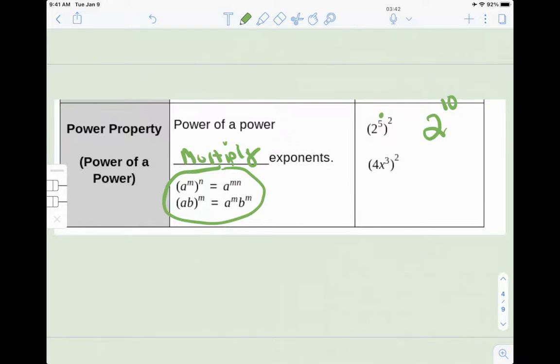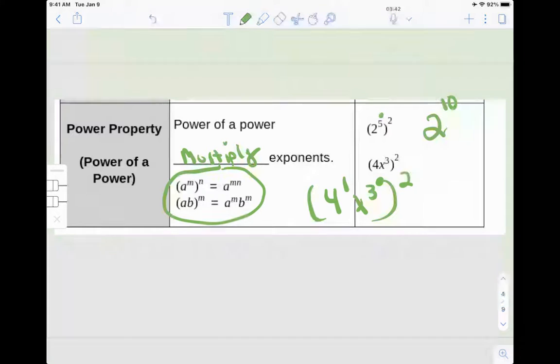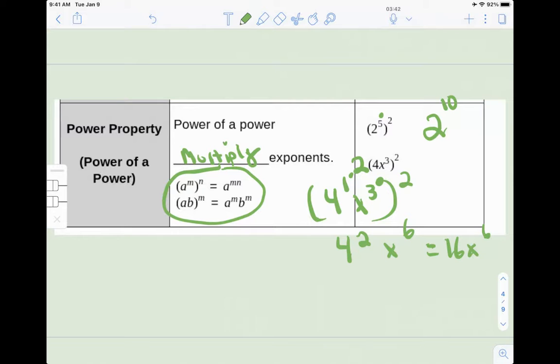On the second example, we need to remember that 4 has an exponent of 1. And then we have x cubed, and that whole thing is being raised to the 2nd power. So we're going to multiply 4 to the 1st power times 2, and x to the 3rd power times 2. So that gives us 4 squared times x to the 6th power, which we can simplify to 16x to the 6th power.